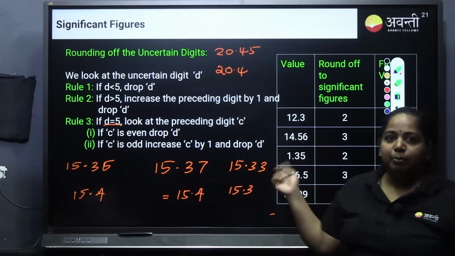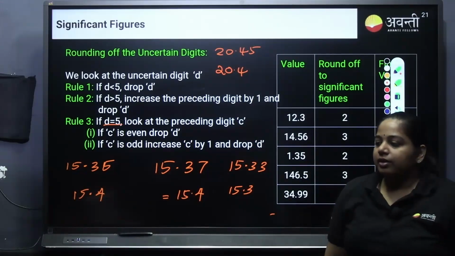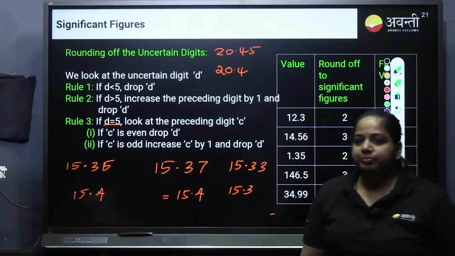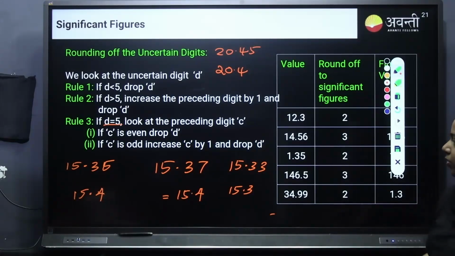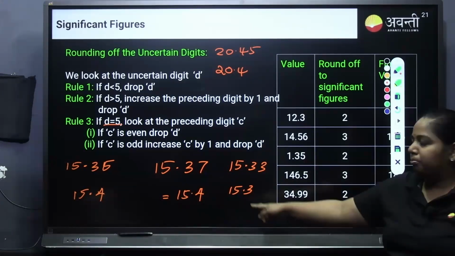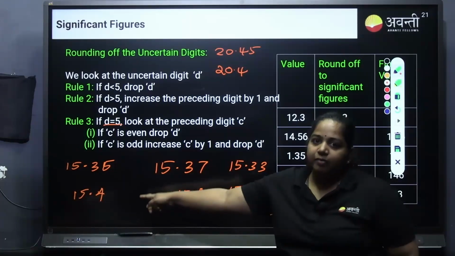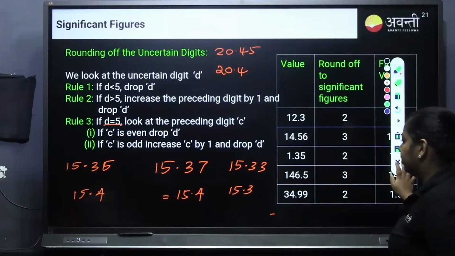If it's an even number, we will not add 1. If it's an odd number, we will add 1. Is that clear for rounding off? Yes, ma'am. Okay. So more than 5, less than 5, you already know. If it is 5, odd number plus 1, even number, no need to add 1.